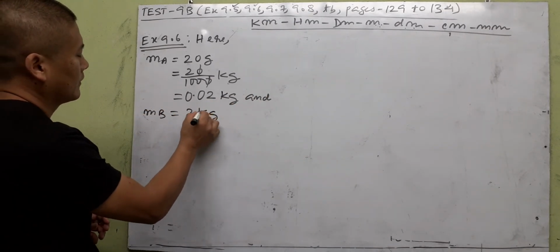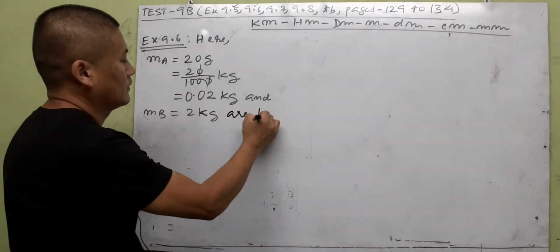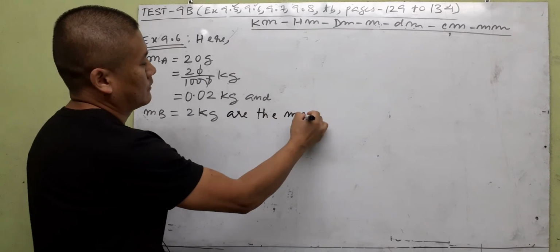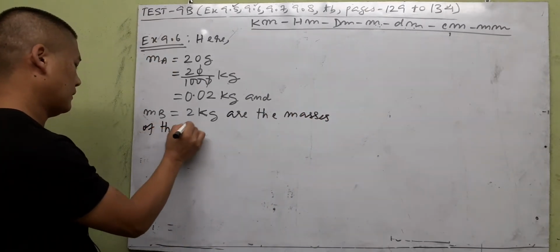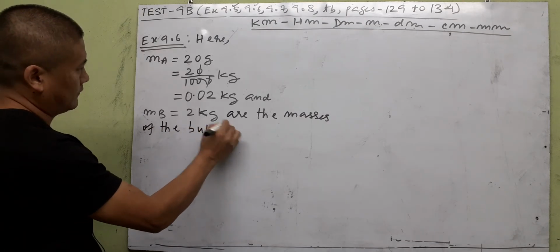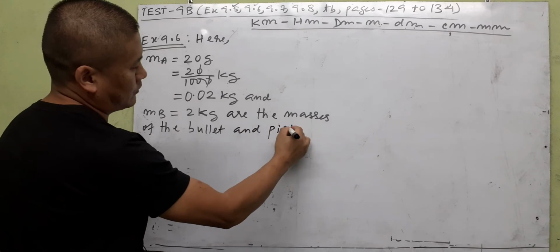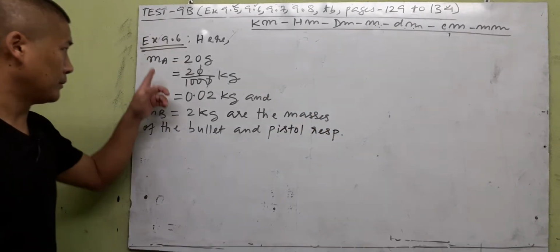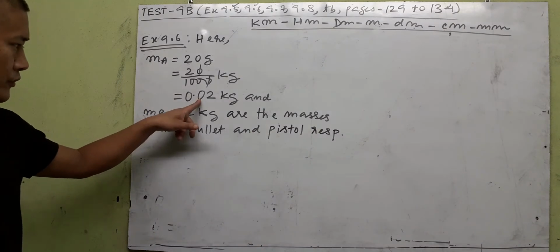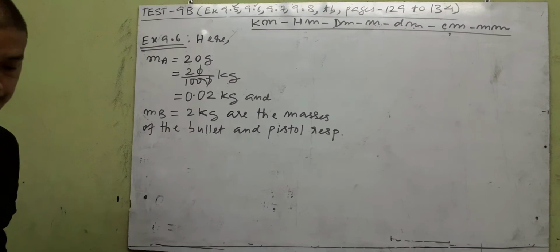These are the masses of the bullet, first one, and pistol respectively. So mass of the bullet 0.02 kg, mass of the pistol 2 kg.